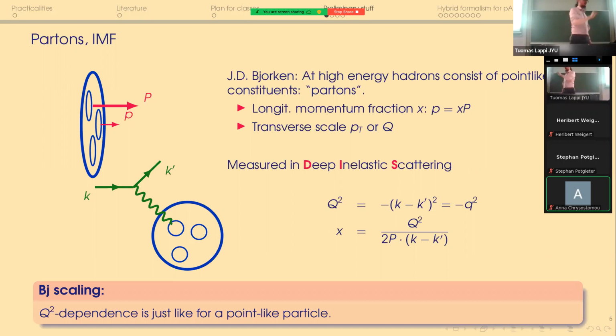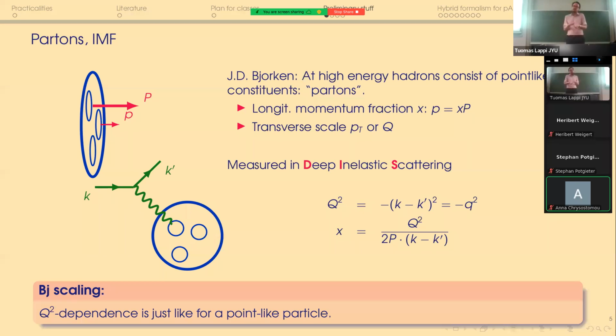Until that point, there was no evidence that the proton consists of point-like particles. But when you look close enough, which they first managed in the 60s, they saw that the proton actually consists of point-like particles.